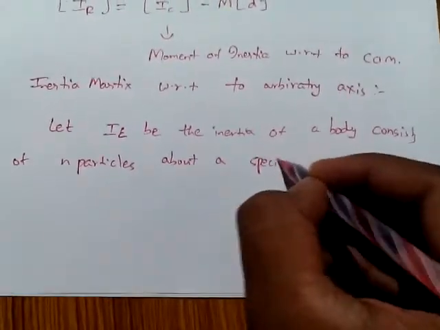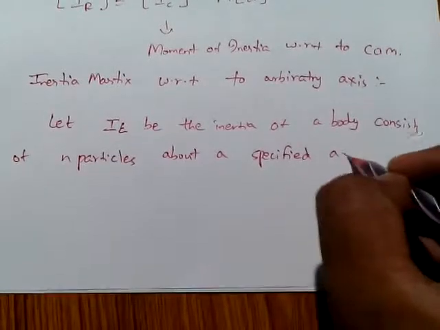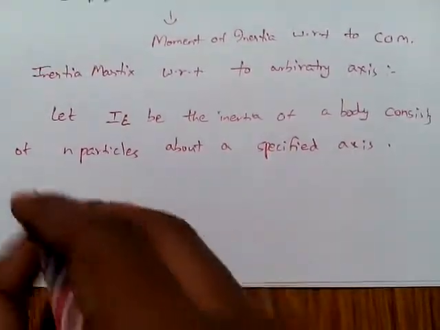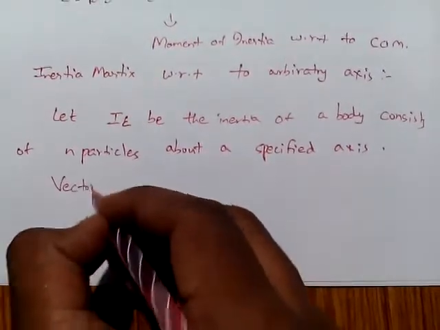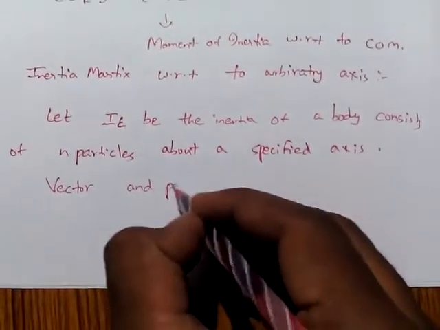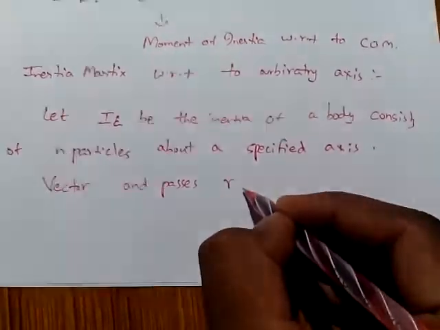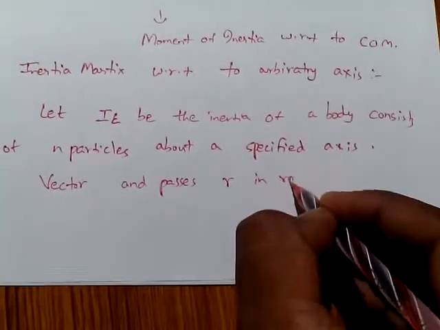Here the specified axis is the axis which we are defining. It can be specified by a vector and it passes through a point R in that rigid body.